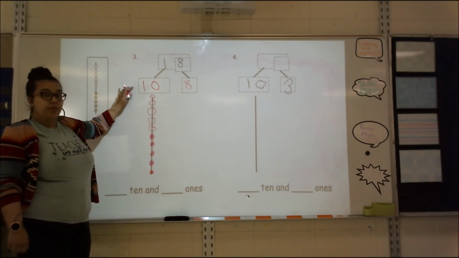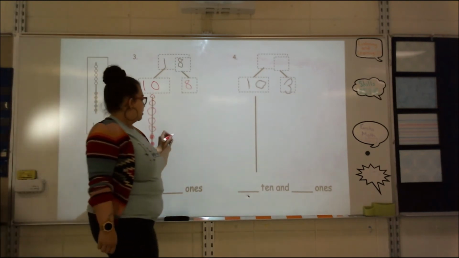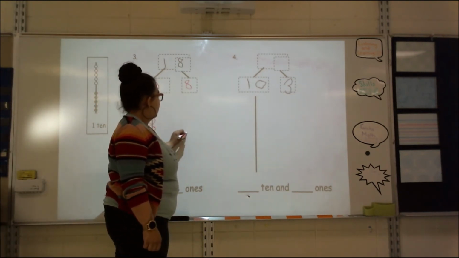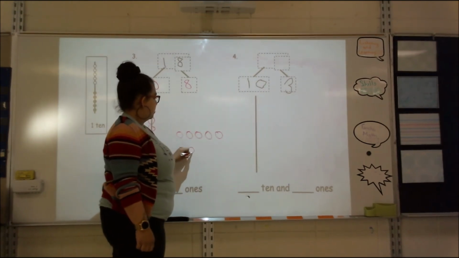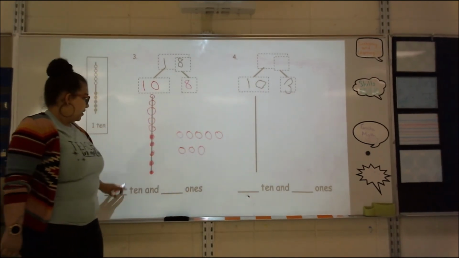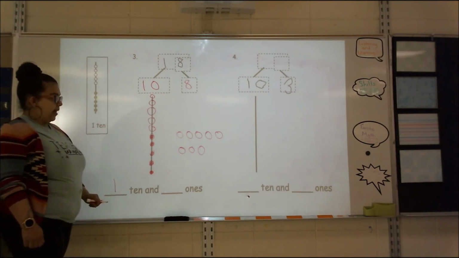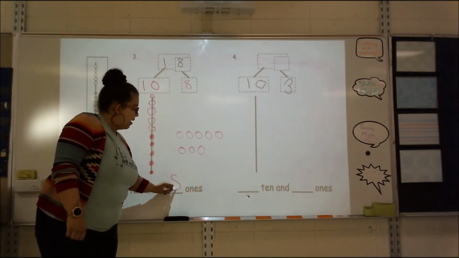That is a group of 10. And 8 ones, let's go the other way for ones. 1, 2, 3, 4, 5, 6, 7, 8. So we can say that we have one group of 10 and 8 ones.